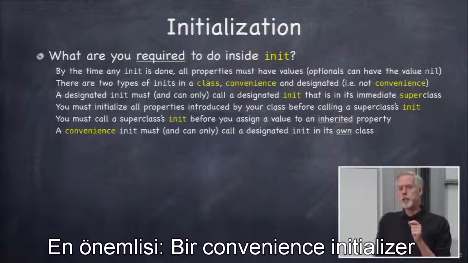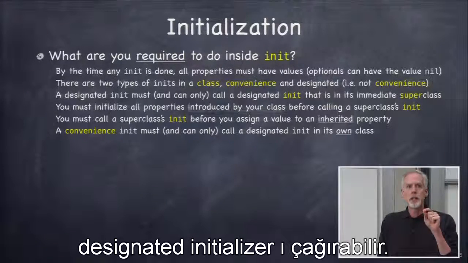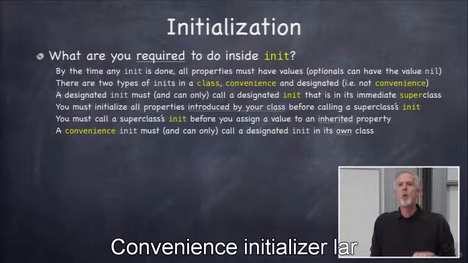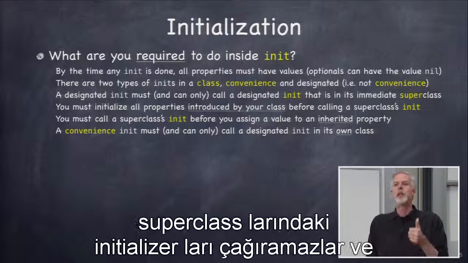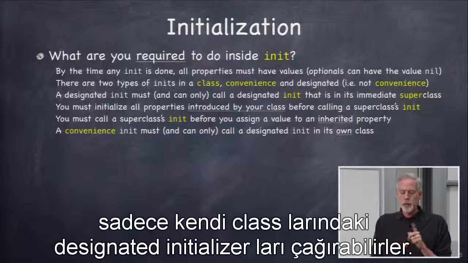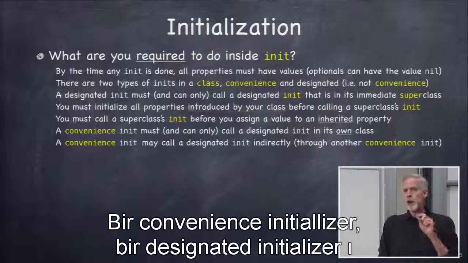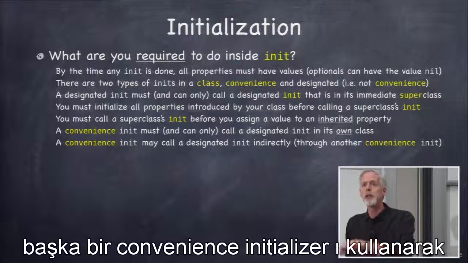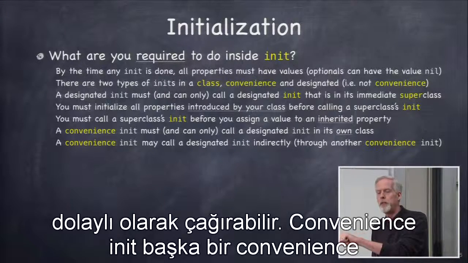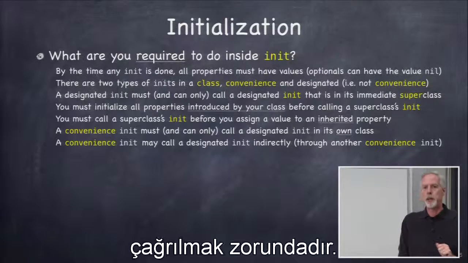Now a convenience initializer has different rules. First of all, a convenience initializer must and can only call a designated initializer in its own class. A convenience initializer cannot call super init of any kind, and it must call a designated initializer. Now, it can call that designated initializer indirectly through another convenience initializer. So one convenience initializer could call self another convenience initializer, which could call a designated initializer, but eventually a designated initializer must be called.